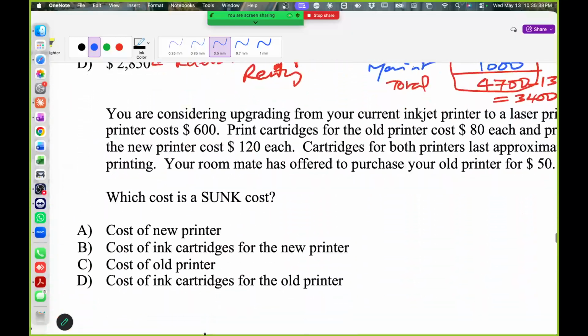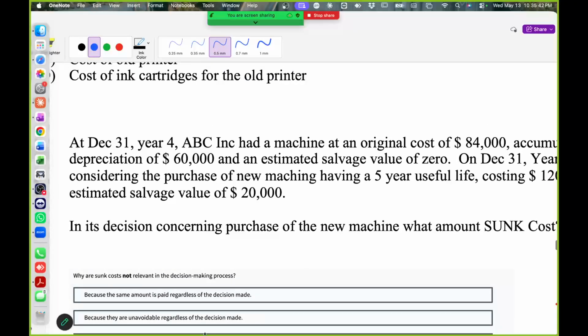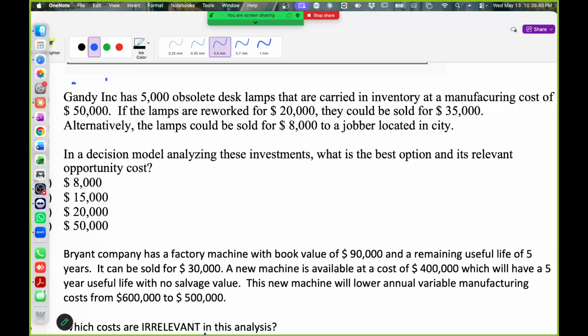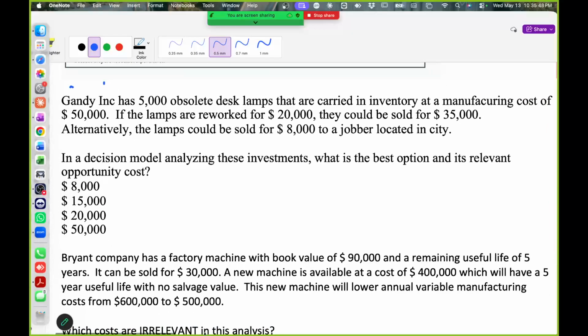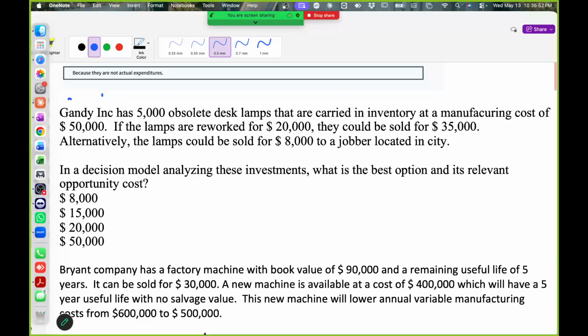Okay, next. Don't read this, don't get confused. This one. In a decision model analyzing this investment, what is the best option and its relevant opportunity cost?